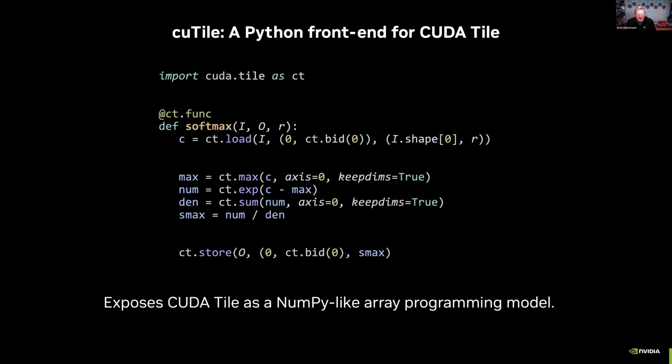So it exposes CUDA tile as a NumPy-like array programming model. And really, this is yet another layer of abstraction that allows you to avoid some of the complexities that are necessary for the tile IR interface that we're talking about, in a Python interface.